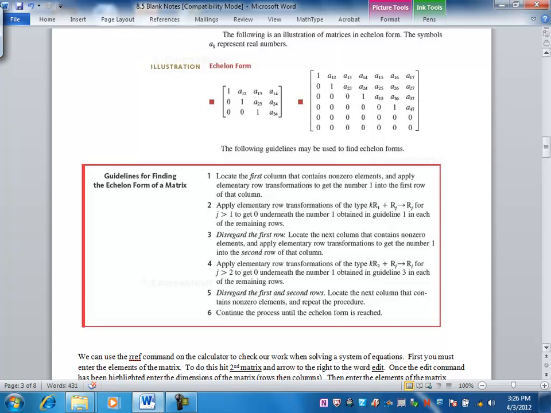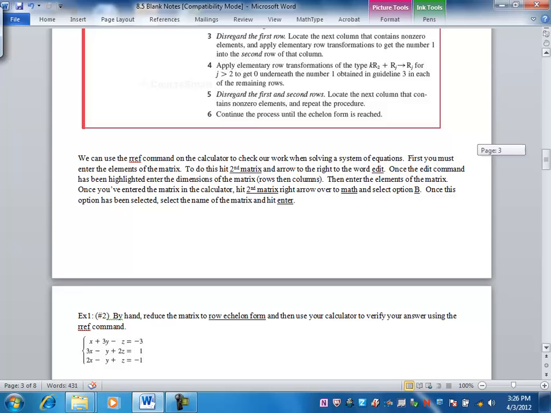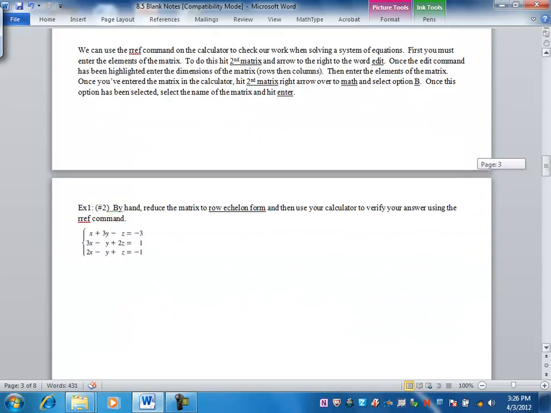I think, guys, that the easiest thing to do here is to just jump in and do an example. You're going to see that this is incredibly tedious work, and so what I'm going to do is show you how to do this by hand, and then I'm going to show you how to use a calculator command to check your work. What we're going to do here is look at example 1.